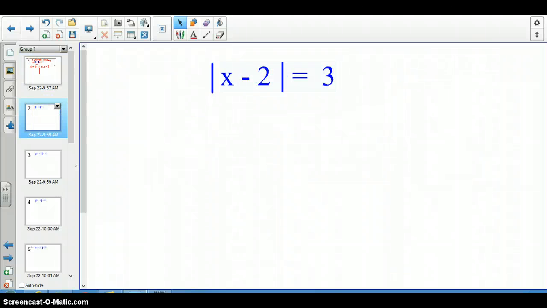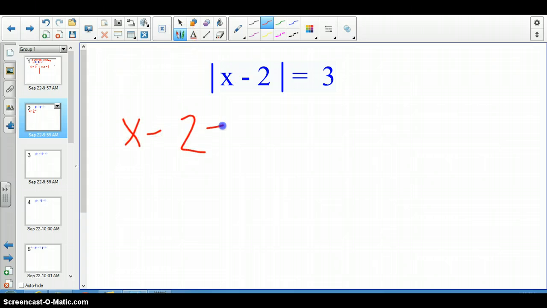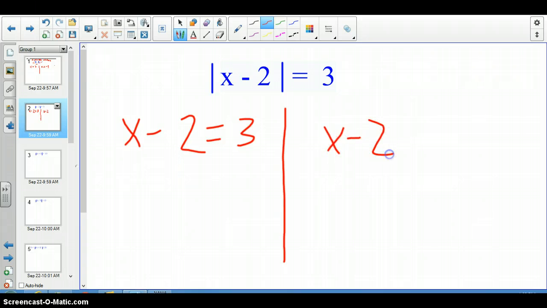Now this next one, I'll ask those same questions. Is there anything out in front? No. Is there anything underneath of it? No. Is there anything right behind it? No. I mean, there is equals 3, but that's fine. On the other side, the 3 is positive, so I can set my 2 equations. x minus 2 equals 3, and x minus 2 equals the opposite of 3.